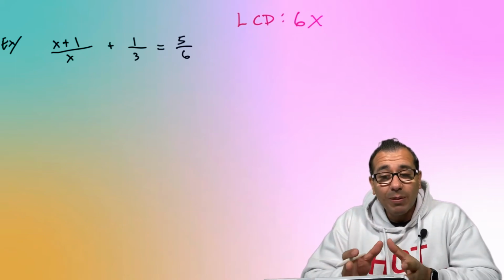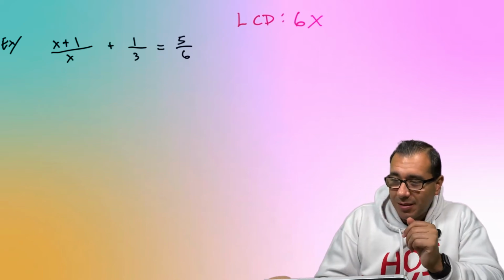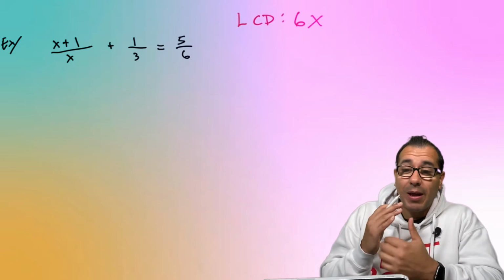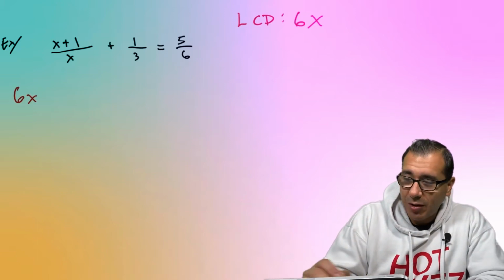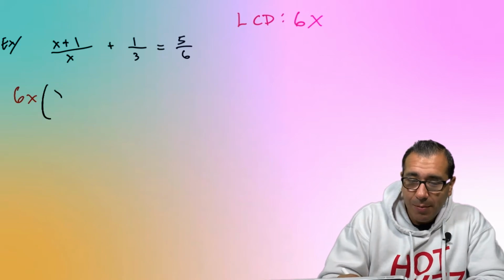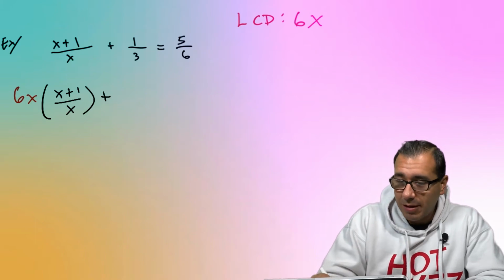Let's go ahead and multiply everything by the LCD, like we know. But look what happens. This is how you're going to know if you actually did find the LCD. Watch. Let's go ahead and write this. So I'm going to multiply everything by 6x. And this time I'm not going to write it over 1. You can, and if you need to, then do so.